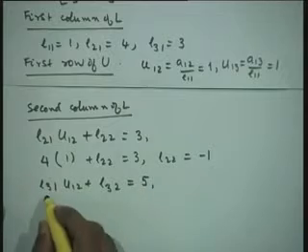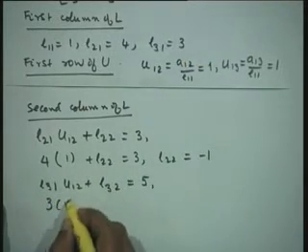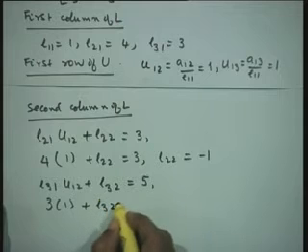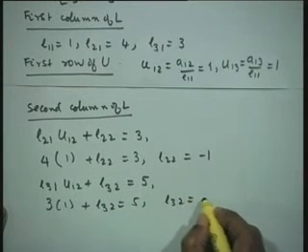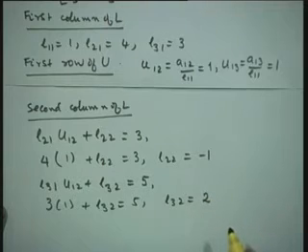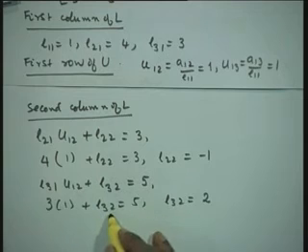Now, let us substitute: L31 is 3, U12 is 1, plus L32 is 5. Therefore, L32 is equal to 2. Now, we have completed the second column of L.